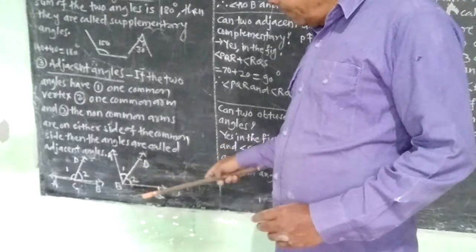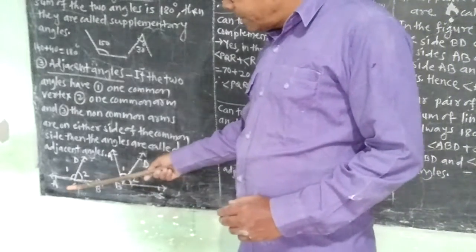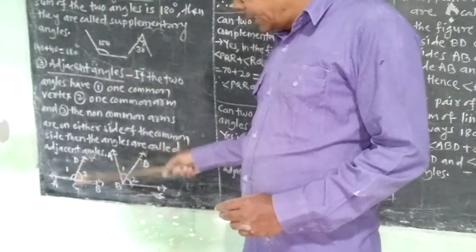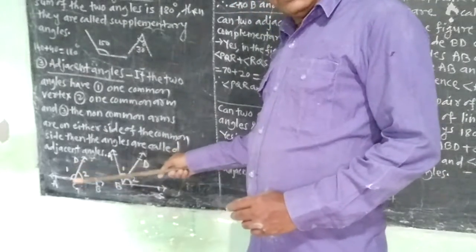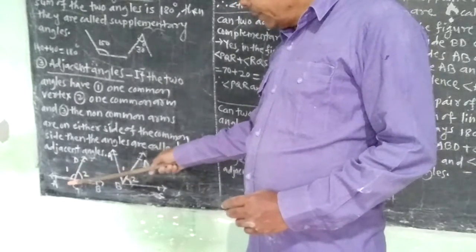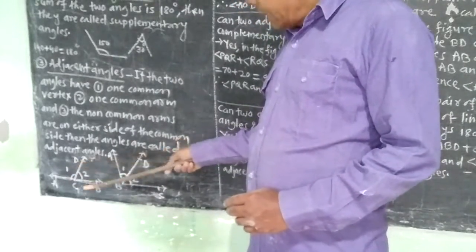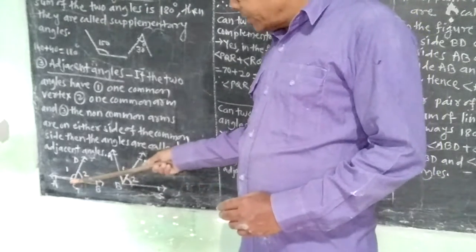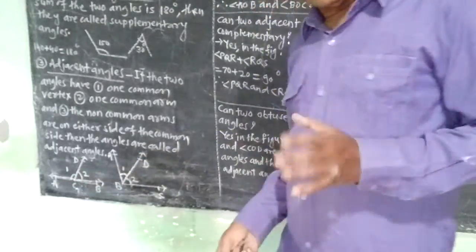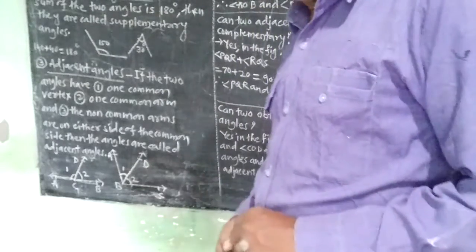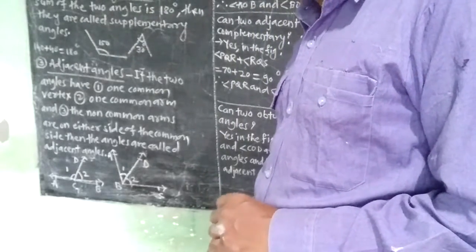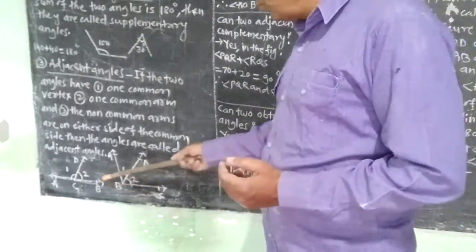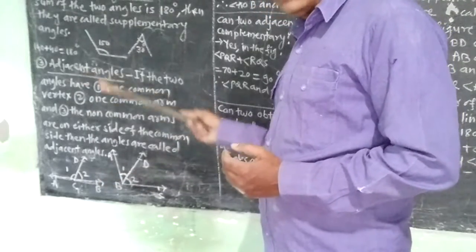Also in the first figure, ACD and BCD have CD as a common side and C as a common vertex. Also the non-common sides CA and CB are on either side of the common side. So these two angles are called adjacent angles.